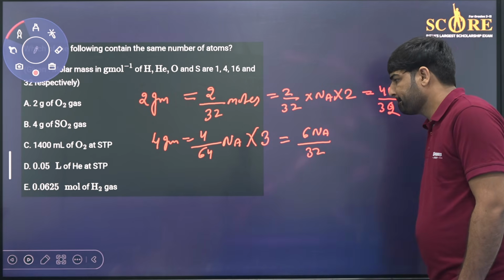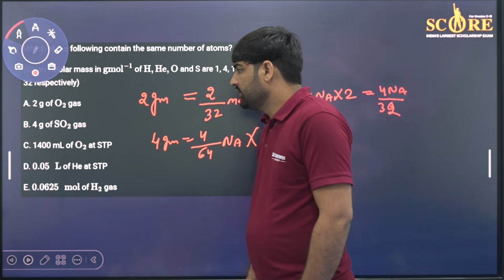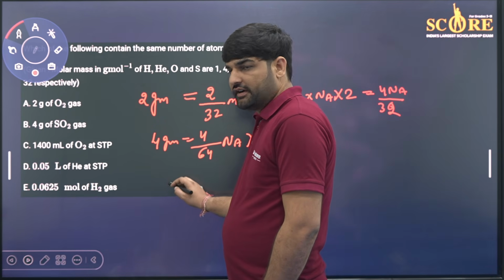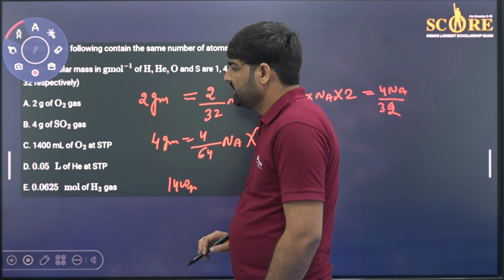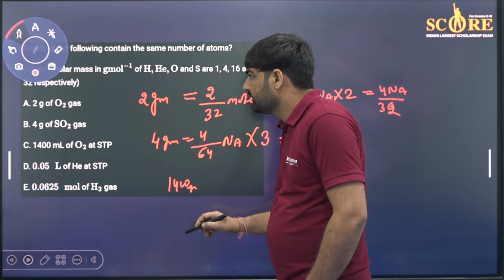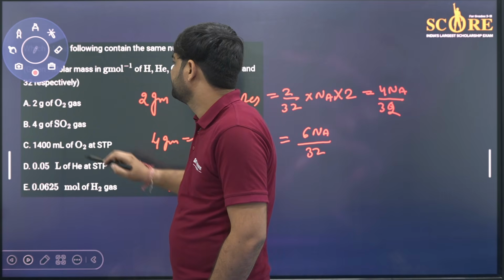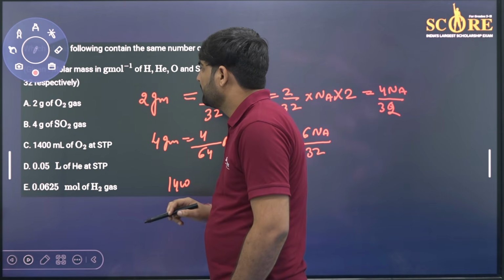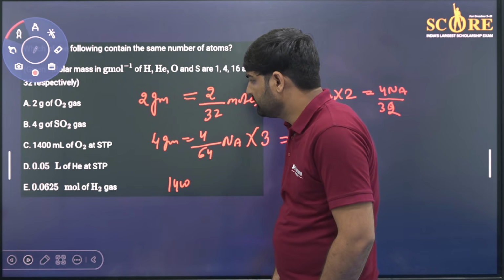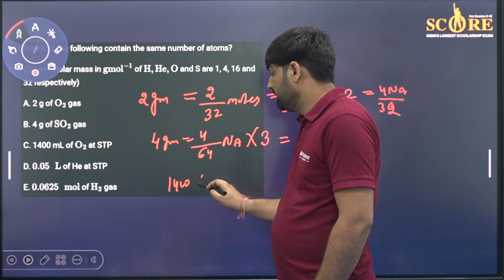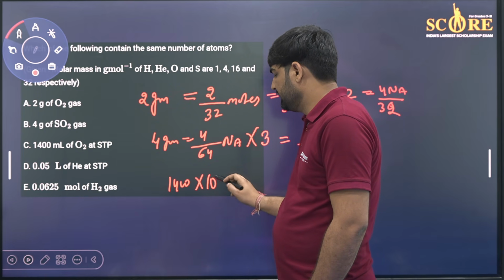Okay. Next, in C part, 1400 ml O2 at STP. So we have to convert this in liter.